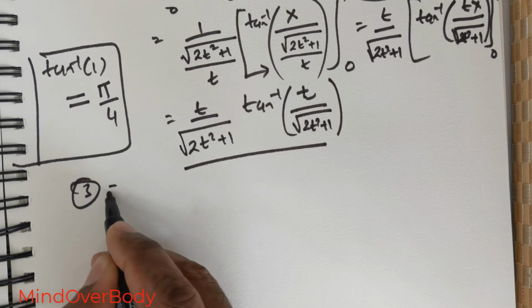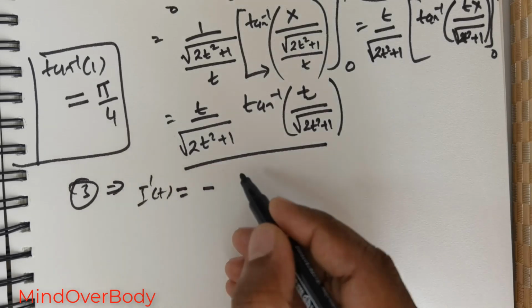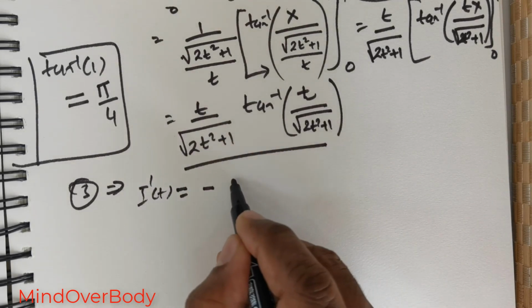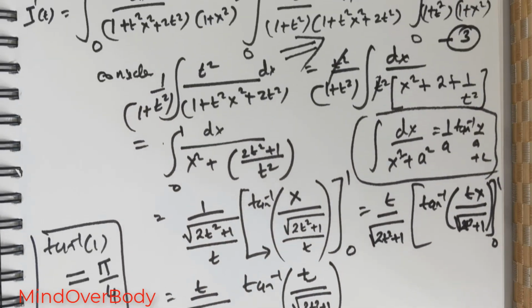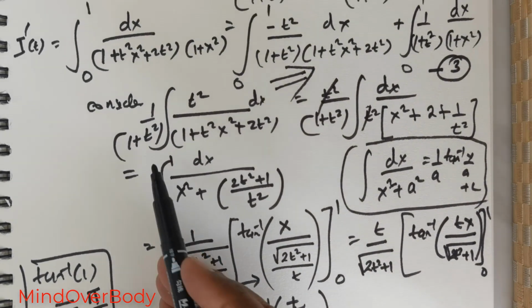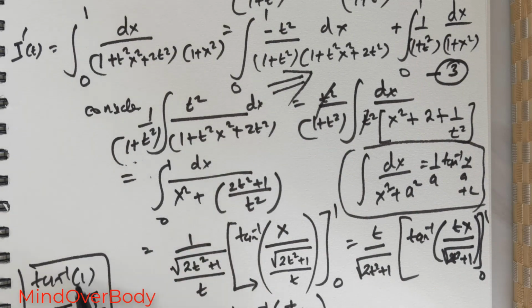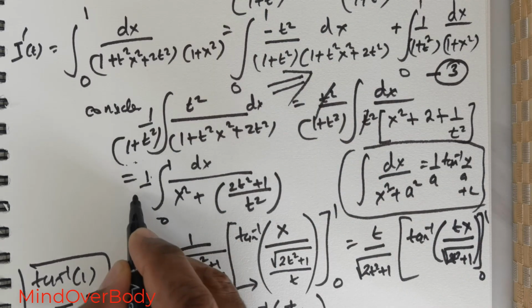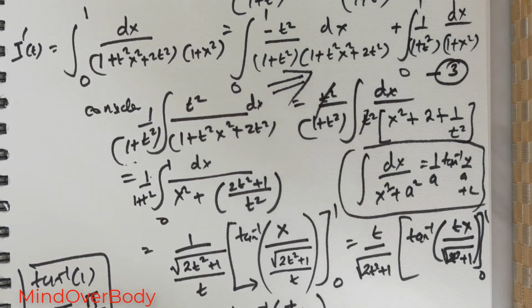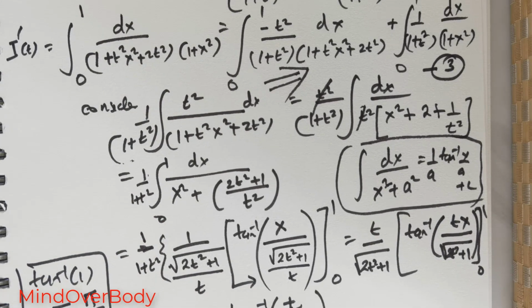So therefore 3 is going to be I dash of t is equal to negative this quantity. So I have to place this quantity, right? But you can clearly see that there is a 1 over 1 + t squared that is featuring. I have not taken that, I have just placed it, but I will have to place that value. So 1 over 1 + t squared, and you get 1 over 1 + t squared, right? That value has to be placed here.